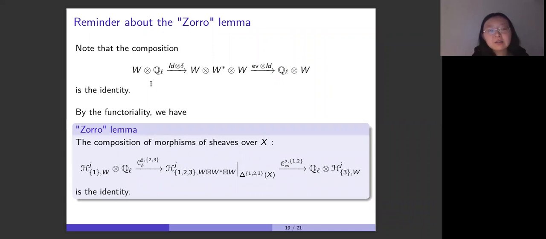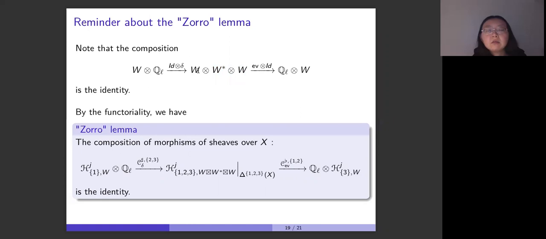So if W is a vector space, and we consider the following composition, we send the first one to the first one as identity, and we send QL to the dual of W tensor W by the canonical map.